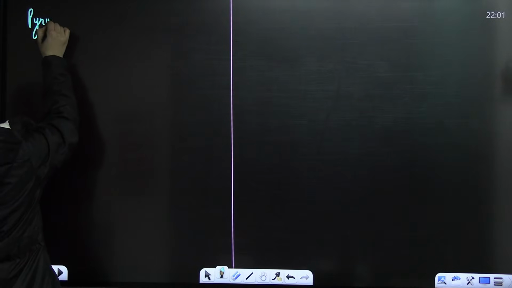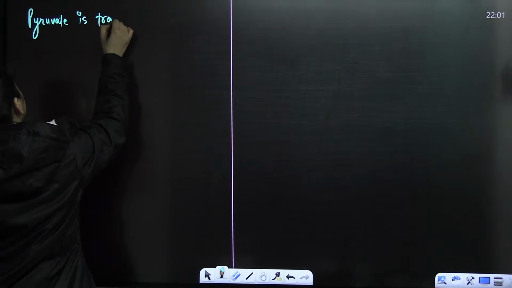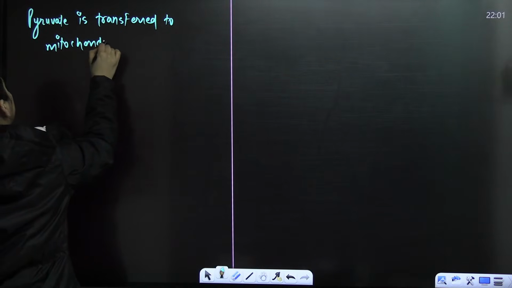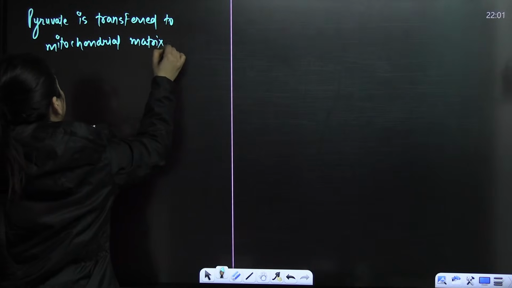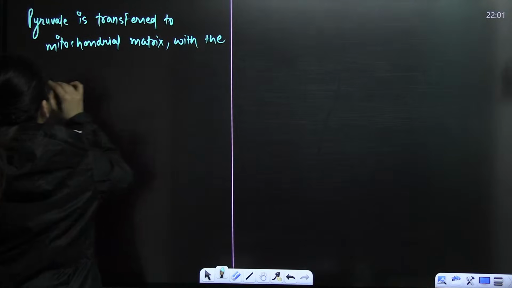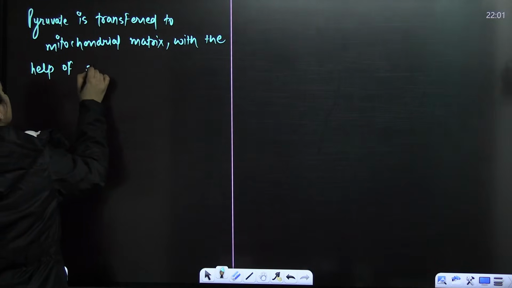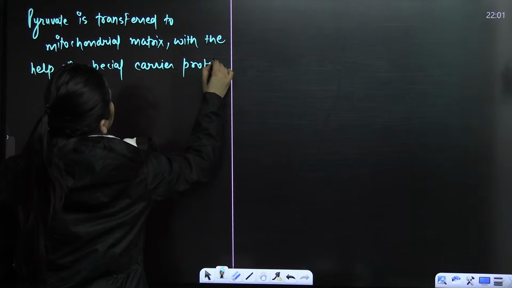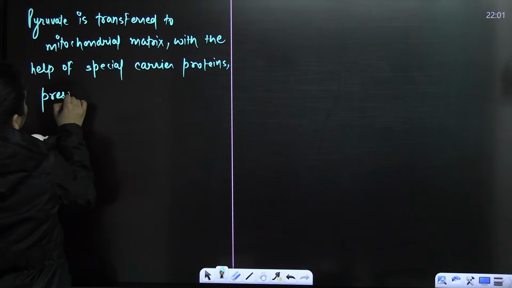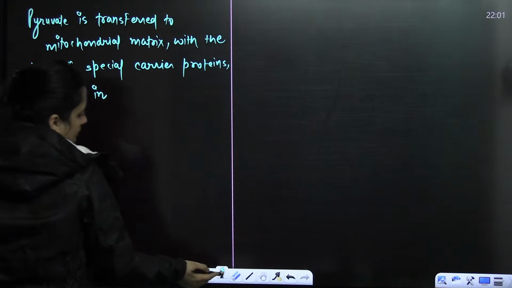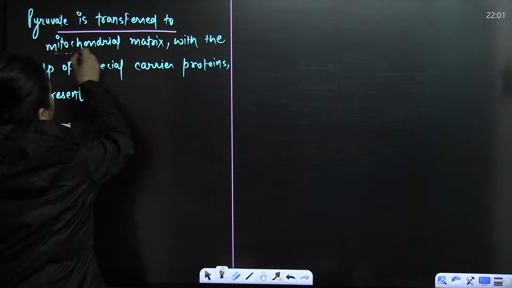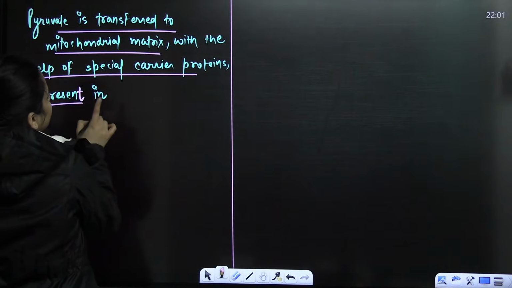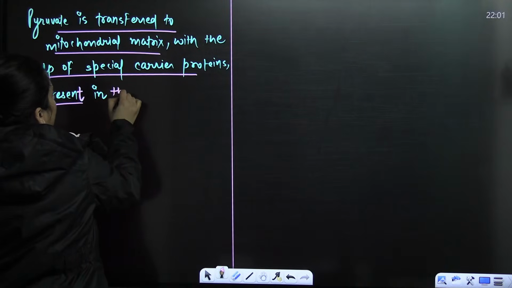Pyruvate is transferred to the mitochondrial matrix with the help of special carrier proteins present in the mitochondrial membrane.